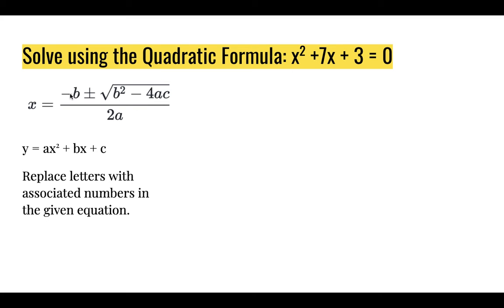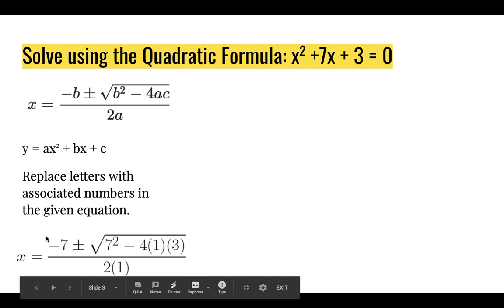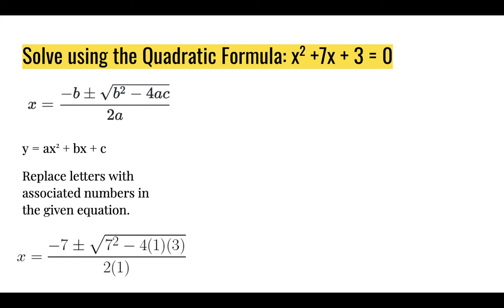All the b's become 7s, and c becomes 3. So this should be our equation. Once we have those numbers plugged in, we can do all the math and the algebra to simplify this.